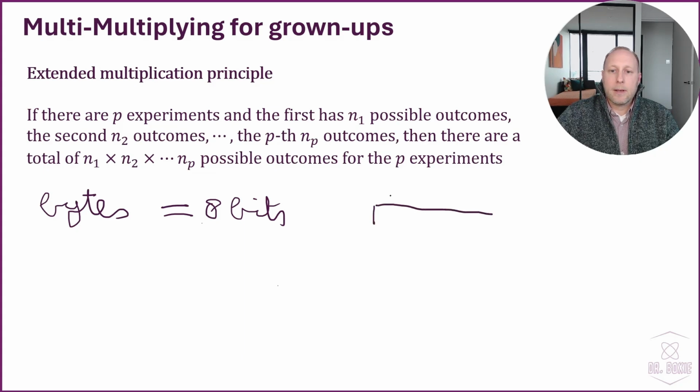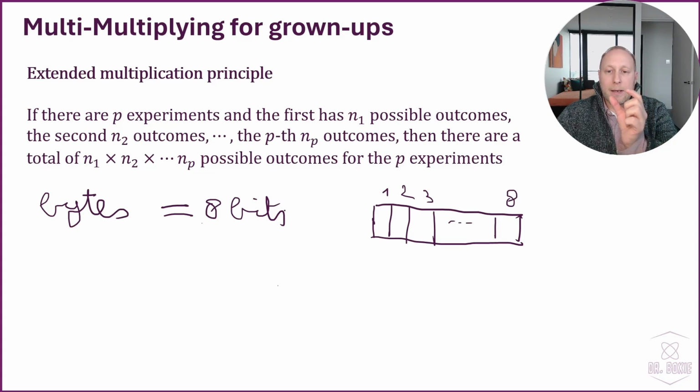That means that if I look at such a byte, it's actually a box containing 8 bits. So this is box number 1, box number 2, box number 3, and so forth, up to box number 8.